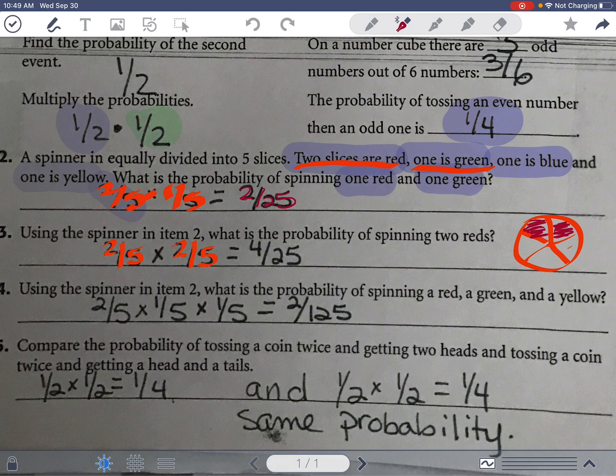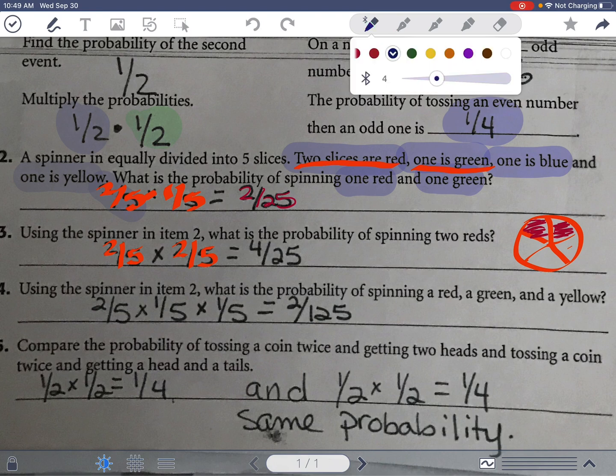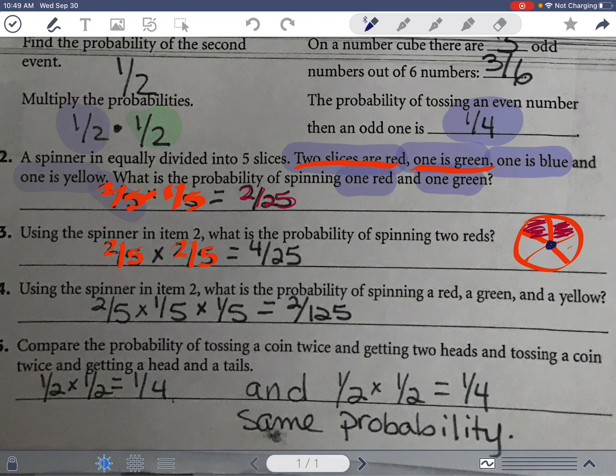If you spin it and it lands on red, the 2 pieces of red will always be there. So it's 2 out of 5 times 2 out of 5, which is 4/25.